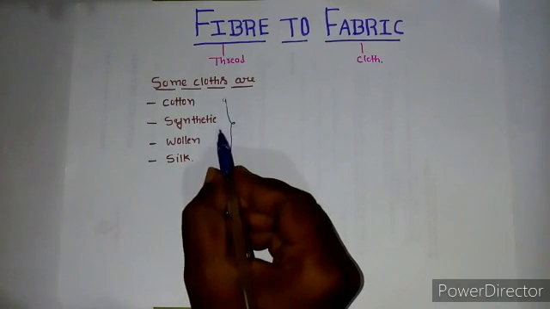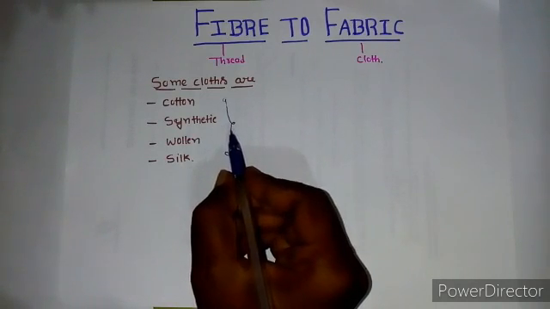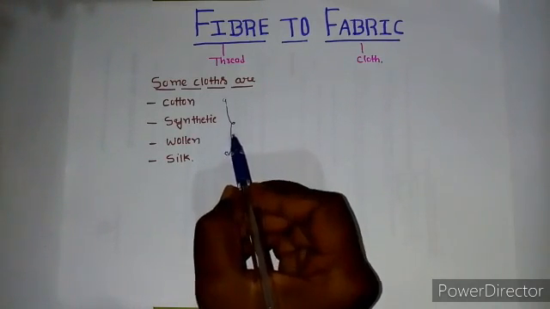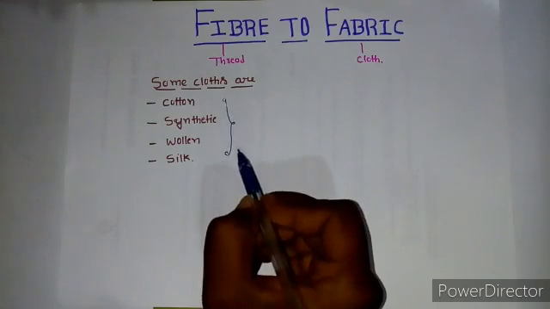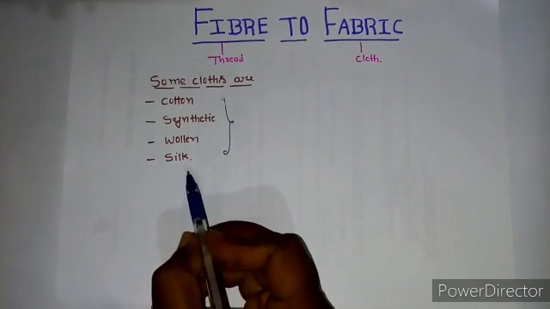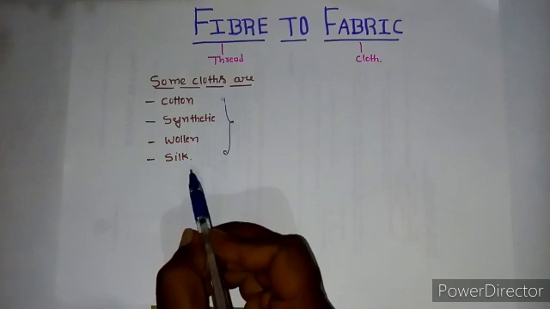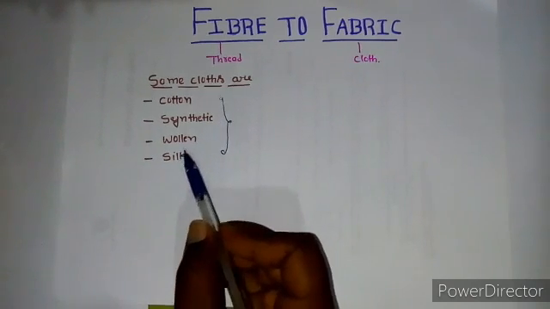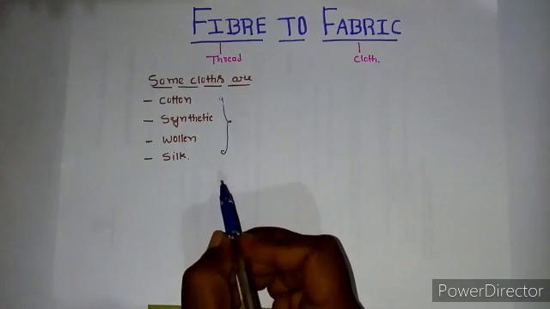When you visit the cloth shop, you also feel and touch the different kinds of fabrics or cloths. And finally you bought some cloths, right? It may be cotton, synthetic, woolen, or silk.